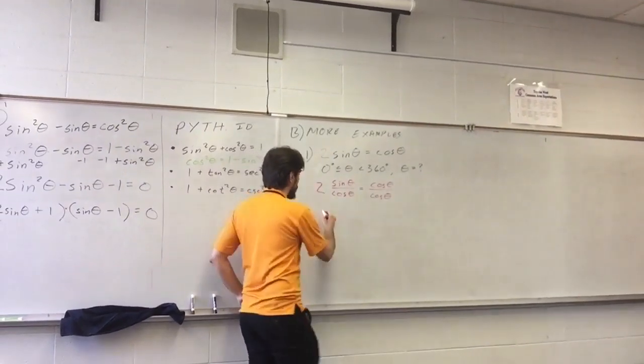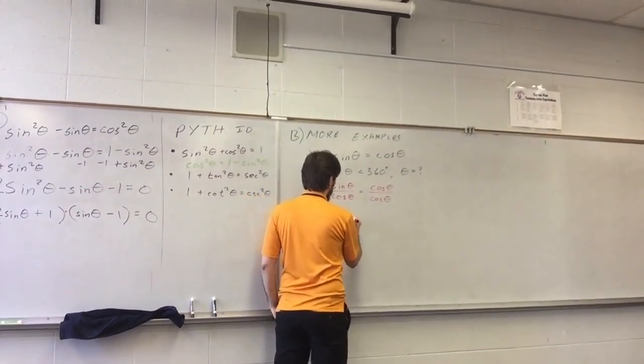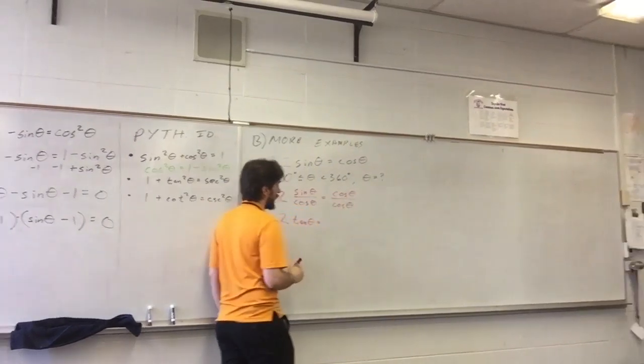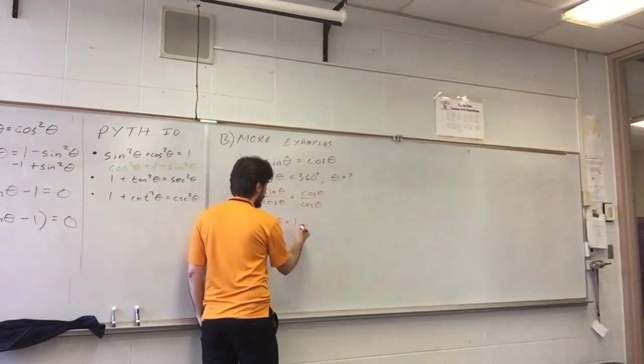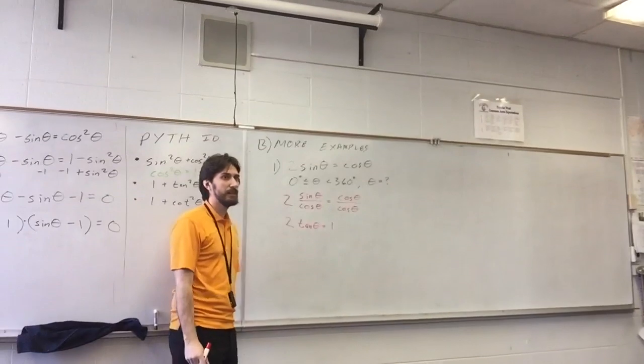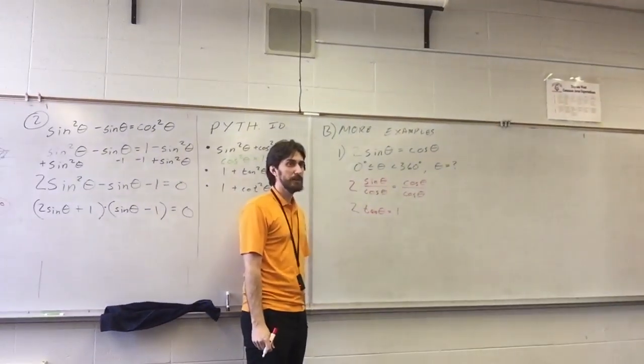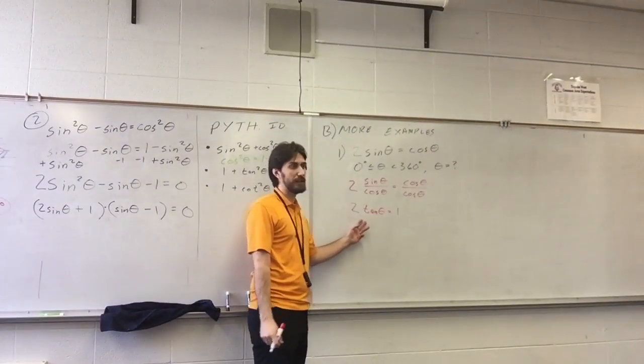It's tangent. And what's cosine divided by cosine? It's 1. Isn't that cool? And now this is an equation I think everyone in here could solve.